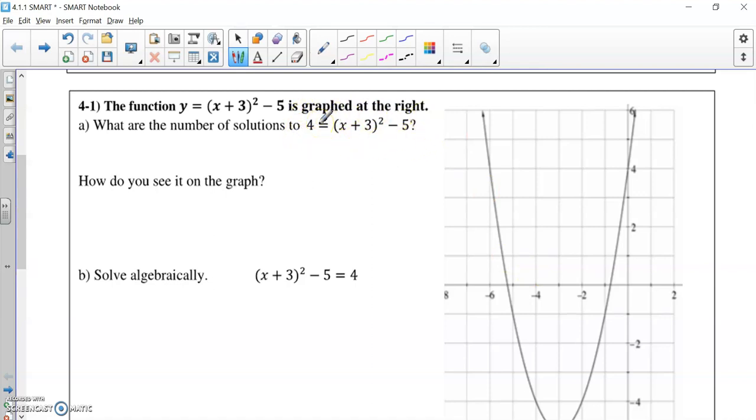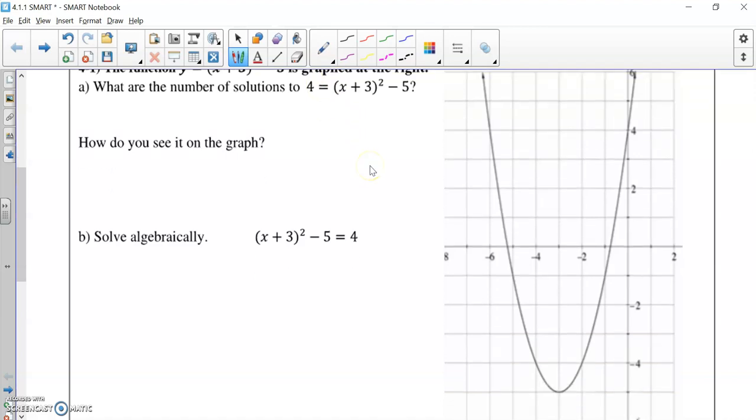Okay, now when you do this, you can do it using the graphs. And what I mean by that is you can take the right side, call that one of your graphs or equations. We're going to call it y1. It doesn't matter which side you pick as your y1 and your y2, but I like to pick the more complicated one to be y1 just because.